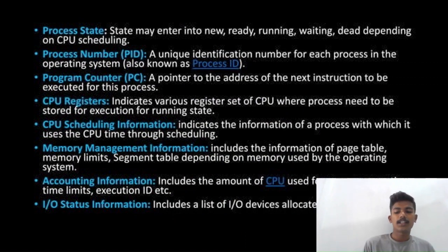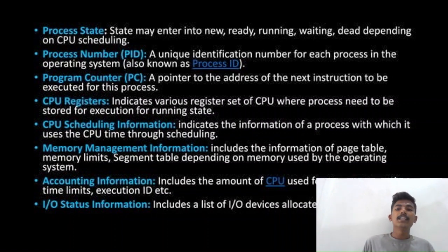First, process state. Process state is the second one. State may enter into new, ready, running, waiting, dead, depending on CPU schedule. So we already know the states in any process are only 5. When a process is new, it is entered into new state. When a process is ready for execution, it is entered into ready state.